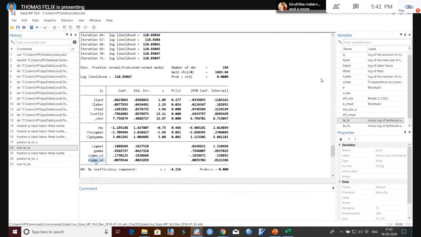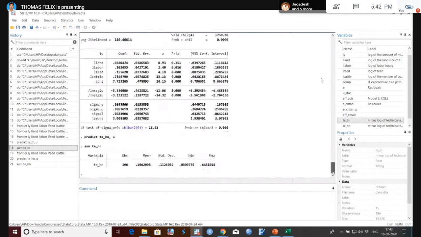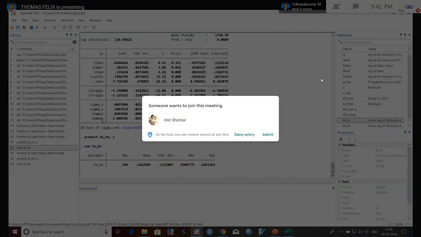So while running the frontier model, you have to check whether the sigma u value is greater than the sigma v. The lambda formula is sigma square u divided by sigma square v. To calculate the lambda, you have to use that formula. When the numerator, sigma square u, is higher, only then will you get a lambda value greater than 1.